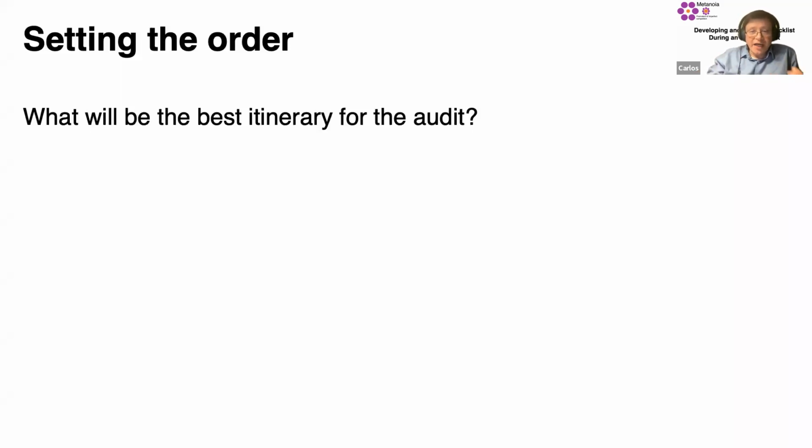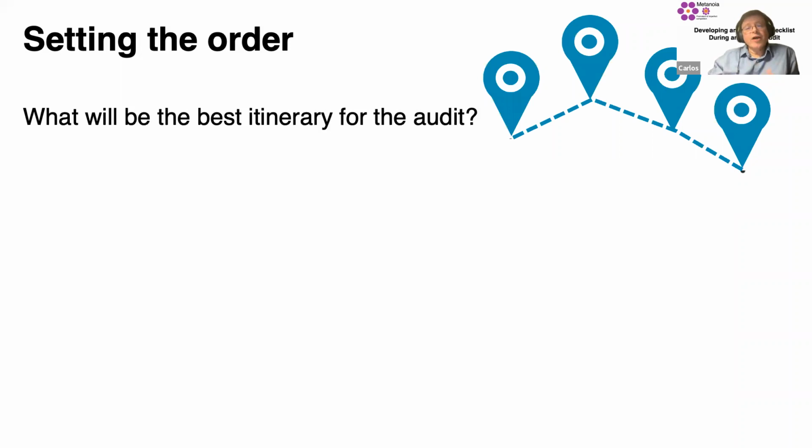You want to design a smooth evolution where you are collecting information and evidence and using them later at another stage or while interviewing another auditee. So you don't want to audit a function more than once, okay? At least you want to design that constraint into the audit.